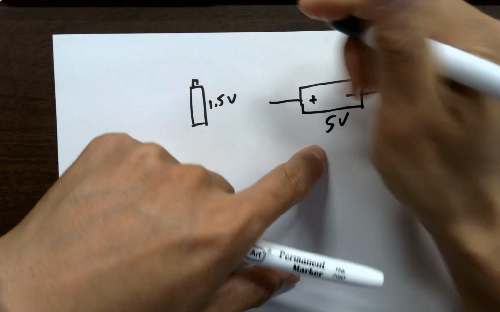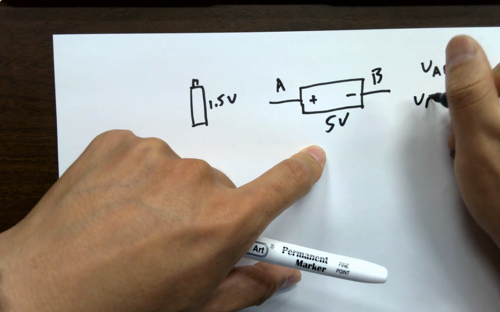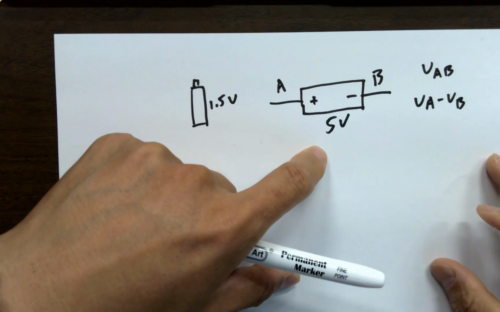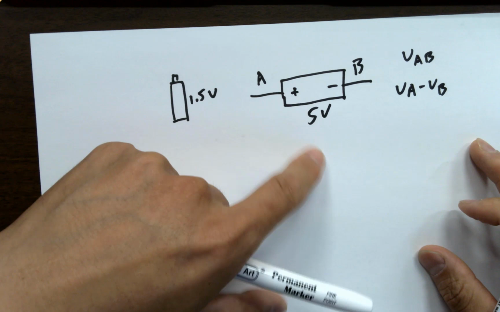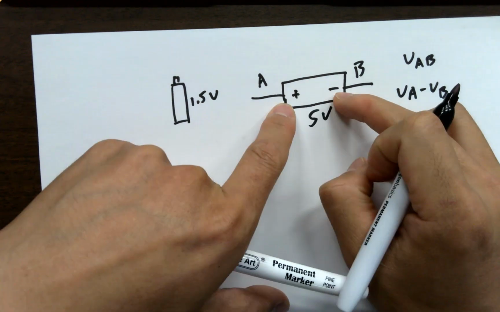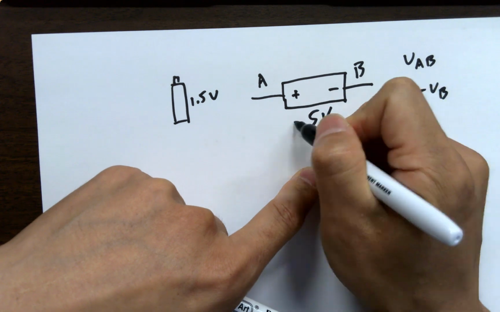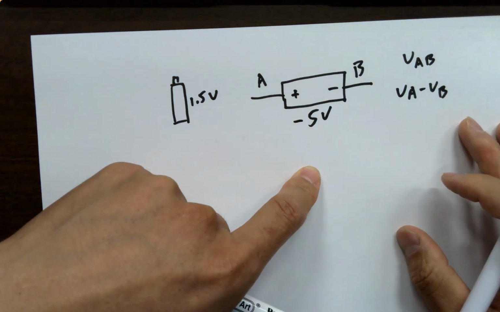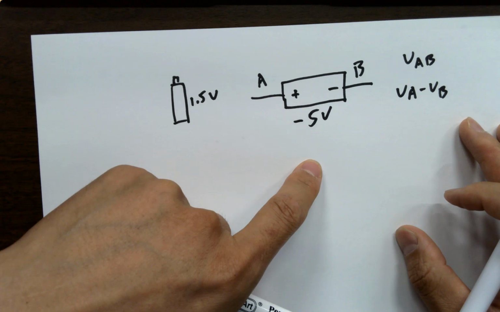If this is A and this is B, that's VAB, or VA minus VB. Is that clear? If I draw a minus and plus like that, and I'm telling you this is the minus volts drop from A to B, what's the real polarity of the voltage across the component?